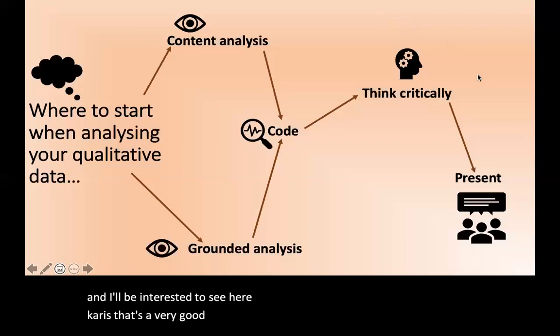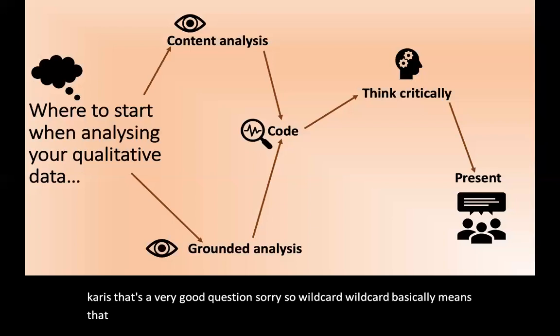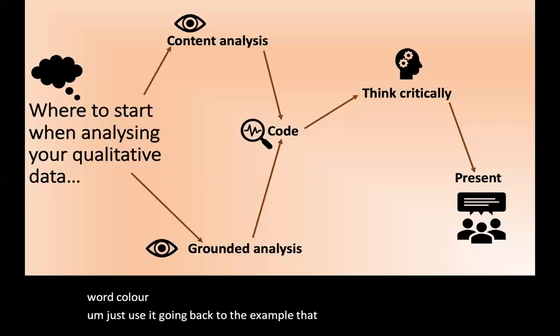So wildcard basically means that the text doesn't only present that word. Okay. So say I was looking for the word colour, going back to the example that I used a little while ago with the organisation, with the exhibition.